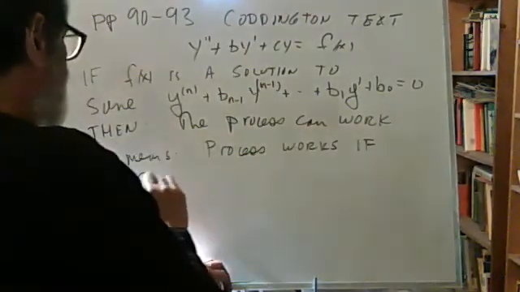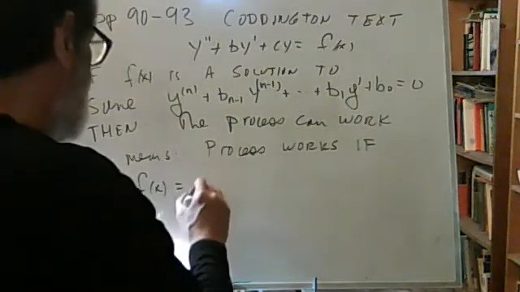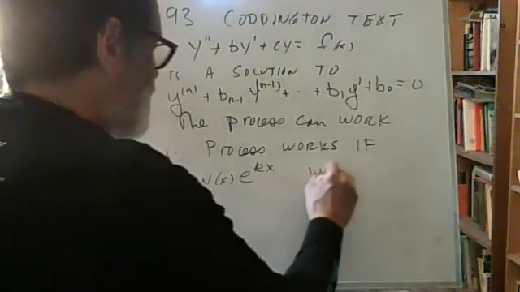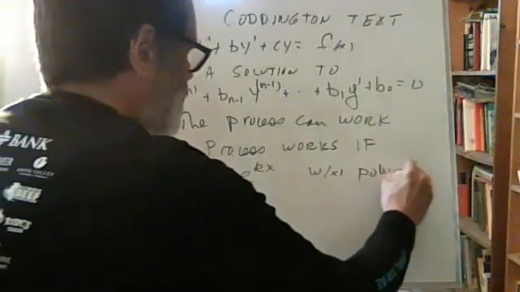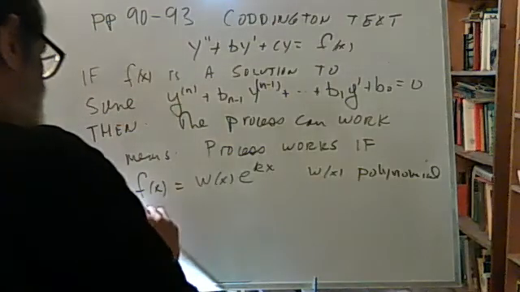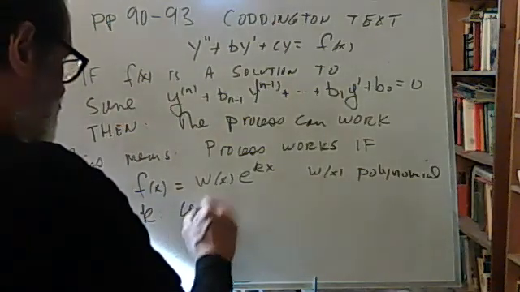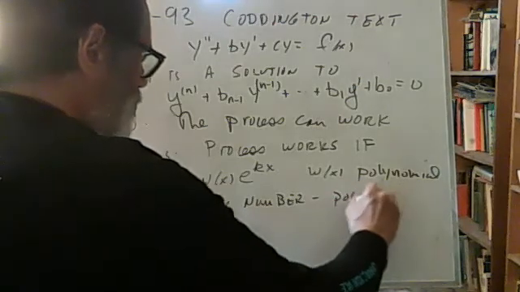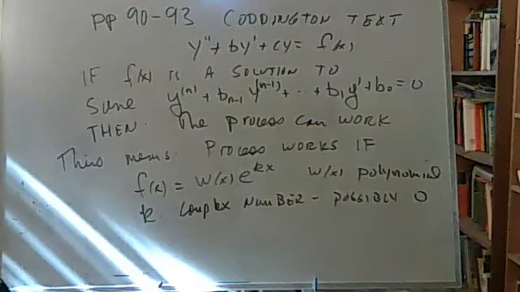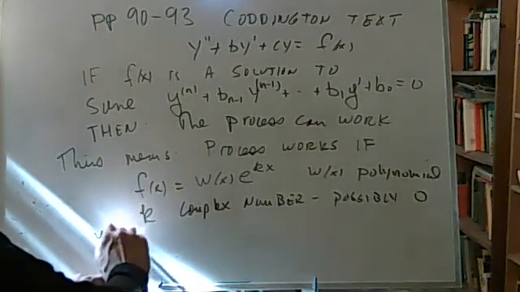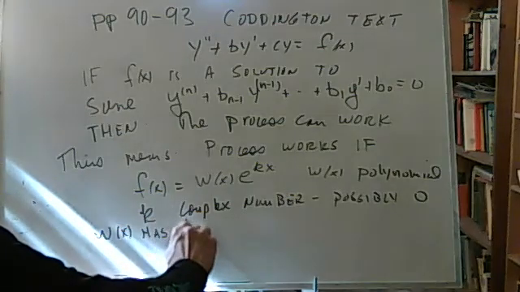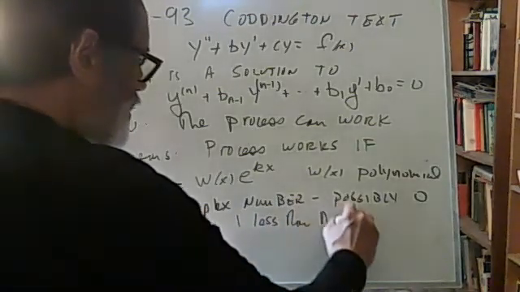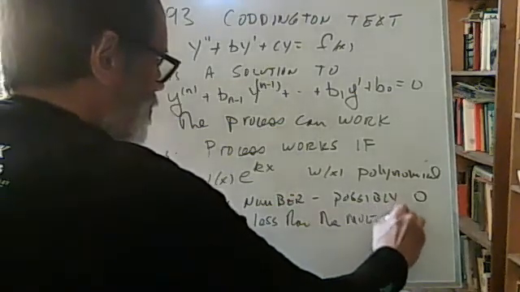if the driving function is of some form, let's say, w(x) e^{kx}, where w(x) is a polynomial, k is a complex number, possibly 0, and w(x) has degree 1 less than the multiplicity of the root k.